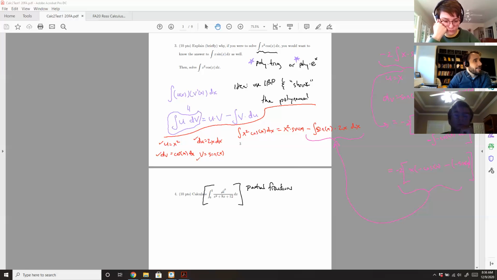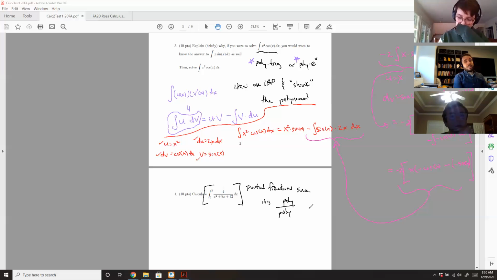In this case, just a constant polynomial divided by a quadratic polynomial. So as I'm looking at these different kinds of integrals and thinking about what technique I might want to use, this is sort of a clue of using partial fractions.